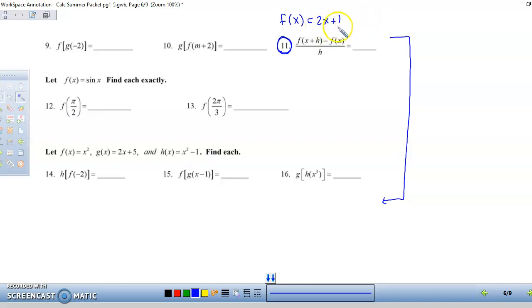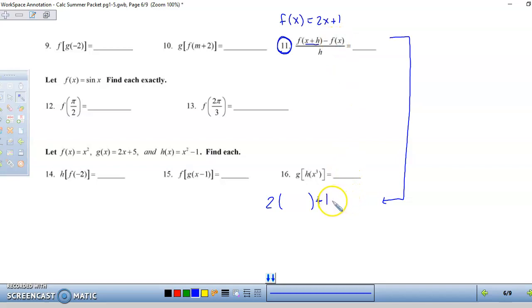All right, so I'm going to use a similar process here. So instead of having f of x, I want to plug in x plus h in for x. So I'm going to rewrite f of x with my parentheses. So 2x plus 1. Okay, and I'm just going to leave it like that for a second. Then I'm going to subtract f of x.